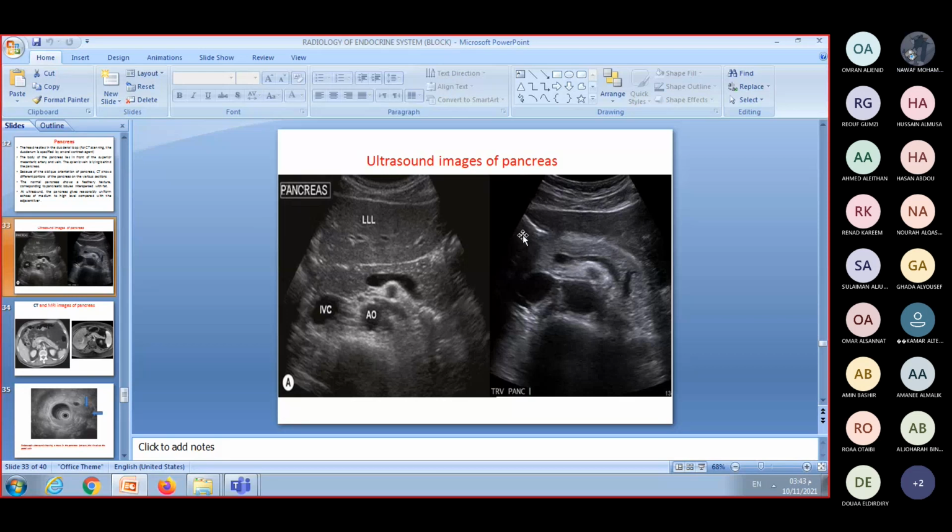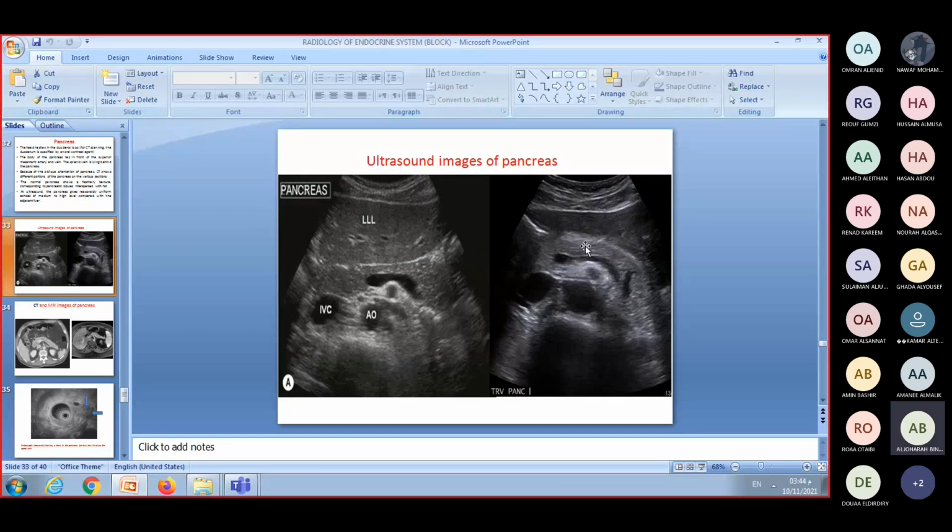Now, in this patient, to answer the question of the echogenicity of the pancreas compared to the liver: if you look here, the pancreas echogenicity is similar to the liver, but in this one, the pancreas is more hyperechoic compared to the liver.